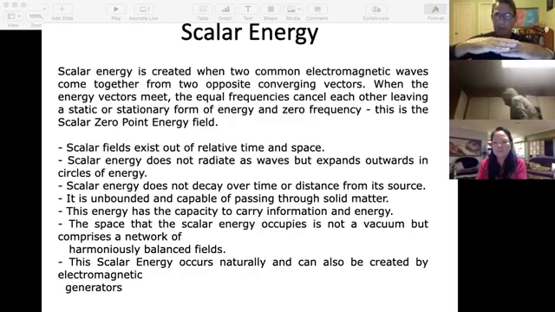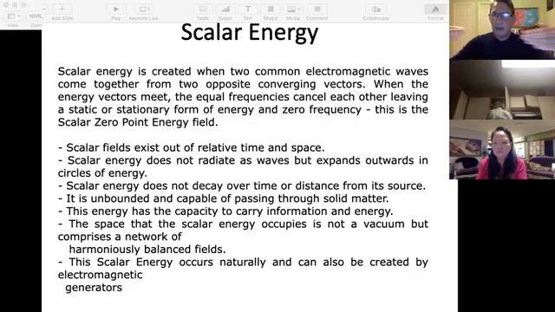which results in these scalar waves. And these scalar waves are basically like compression longitudinal waves, a bit like sound waves. So they radiate out in all directions, as opposed to electromagnetic frequencies, which travel in a particular vector in a straight line.